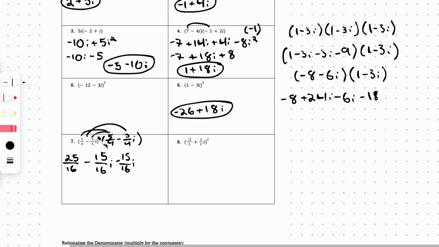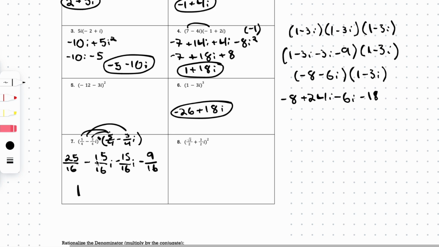And then we do negative 3/4 i times negative 3/4 i. So that's going to be positive 9 over 16 i squared. And i squared is just negative 1. So we're going to say minus 9 over 16. So let's combine like terms now. 25 minus 9 is going to be 16. 16 over 16 is 1.